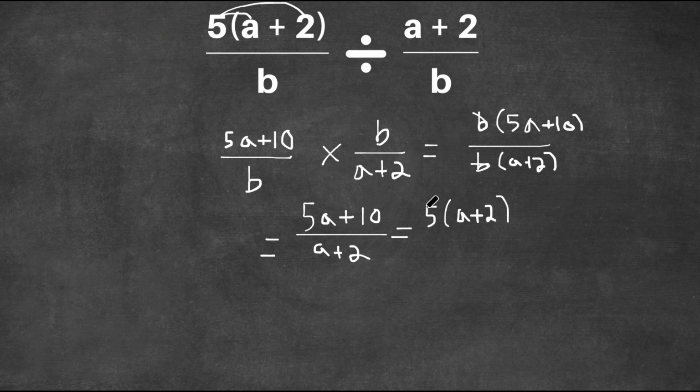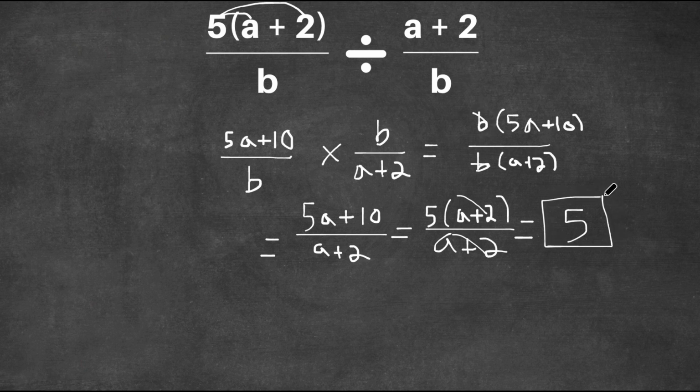But in this case, it would have been better if we hadn't done it, because we can just simply cancel out these a plus 2's. But generally, make sure you distribute first, and then after, if you need to change them back, you always can. So now we can cancel out both of these a plus 2's since they're the same, and we're simply left with 5. So our answer to this problem is 5.